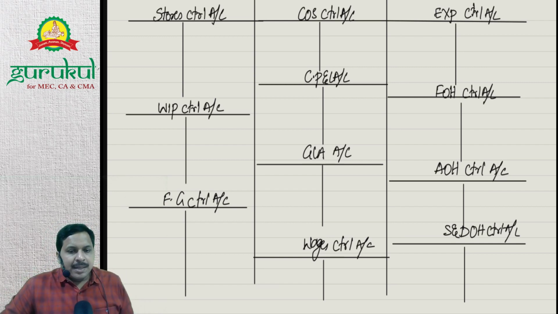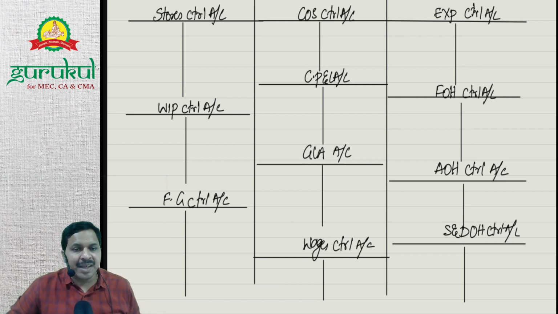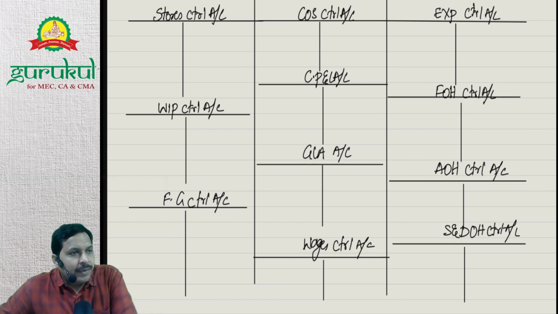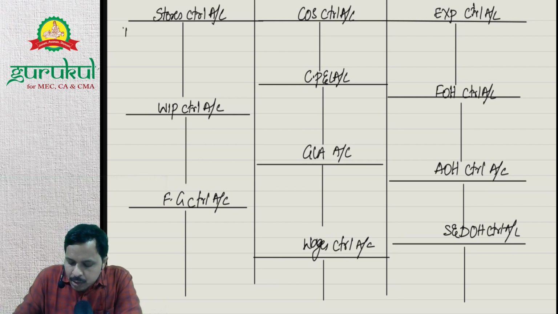First, let us take some random numbers and discuss each and every entry. First, let us write some opening balances for raw material, work in progress, and finished goods. Stores, balance brought down, some 10,000 rupees.